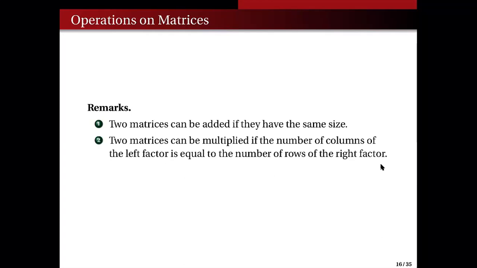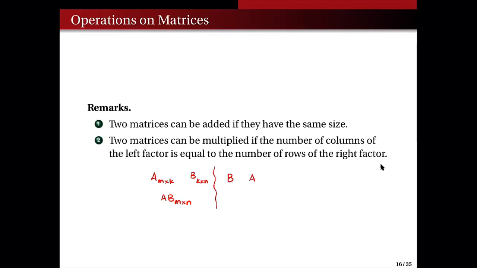Okay? Now, we have, say, A, size is M by K. B, size is K by N. The product AB is defined, and the size will be M by N. What if you interchange them?